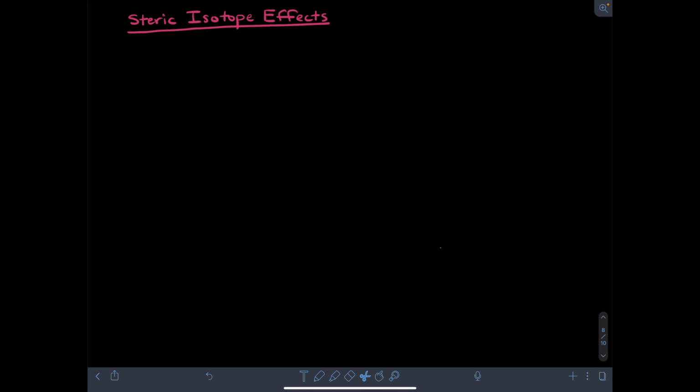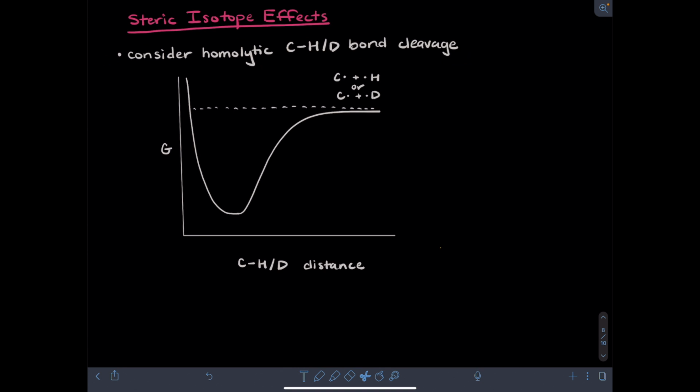Another type of secondary isotope effect is known as steric isotope effects. To see why these arise, let's return to looking at the homolytic cleavage of carbon-hydrogen or carbon-deuterium bonds. If we plot the Gibbs free energy as a function of carbon-hydrogen or carbon-deuterium distance, we get a graph that looks like this.